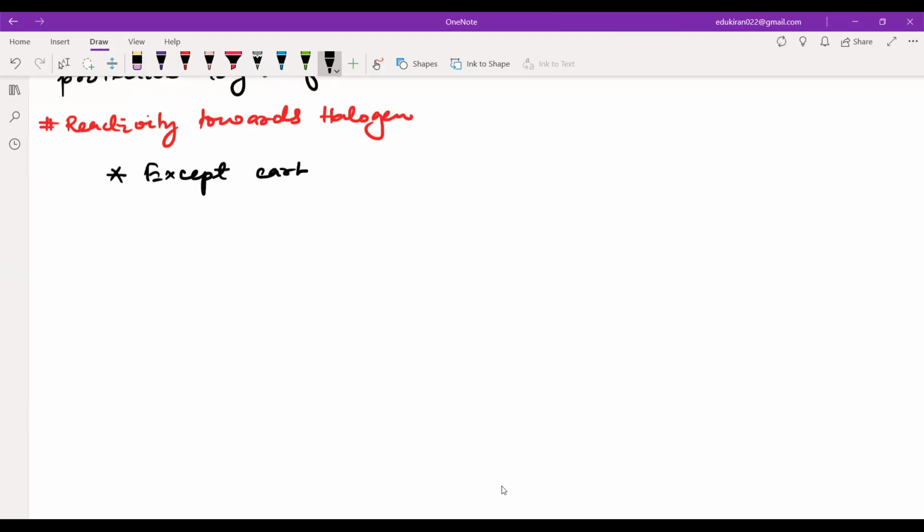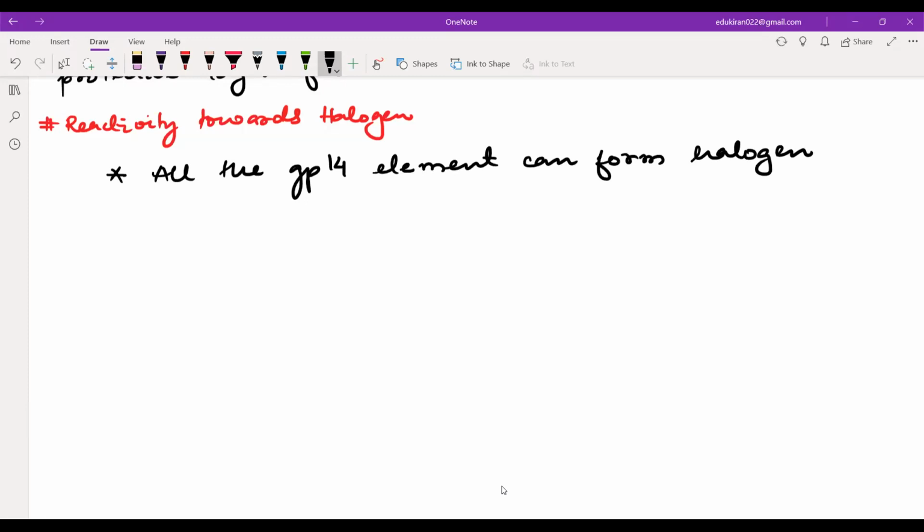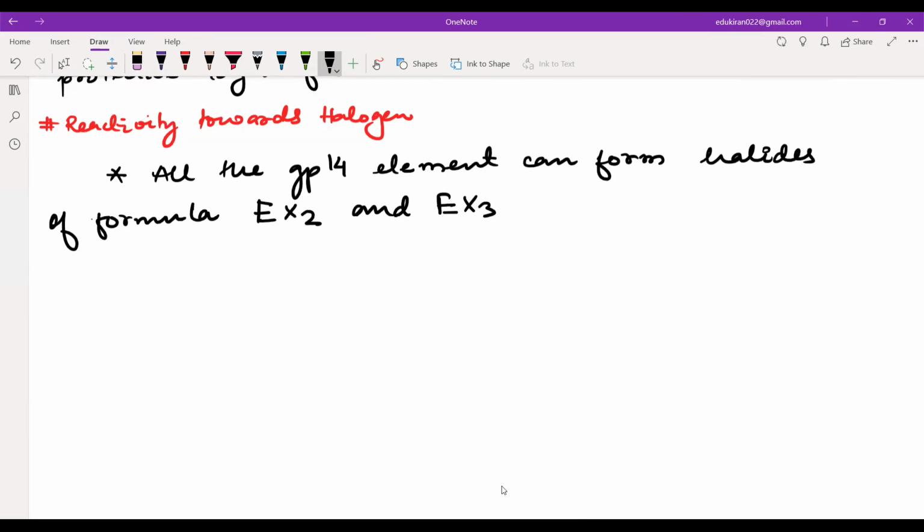First of all, except carbon, first write like this, all the group 14 elements can form, okay, not halogen, can form halides of formula EX2 and EX4, because the oxidation states that the group 14 elements show are +2 and +4.